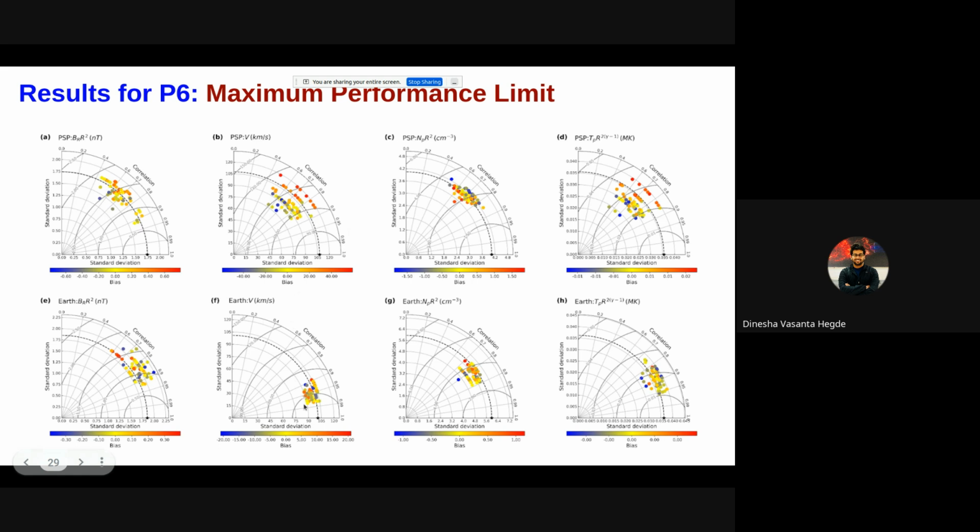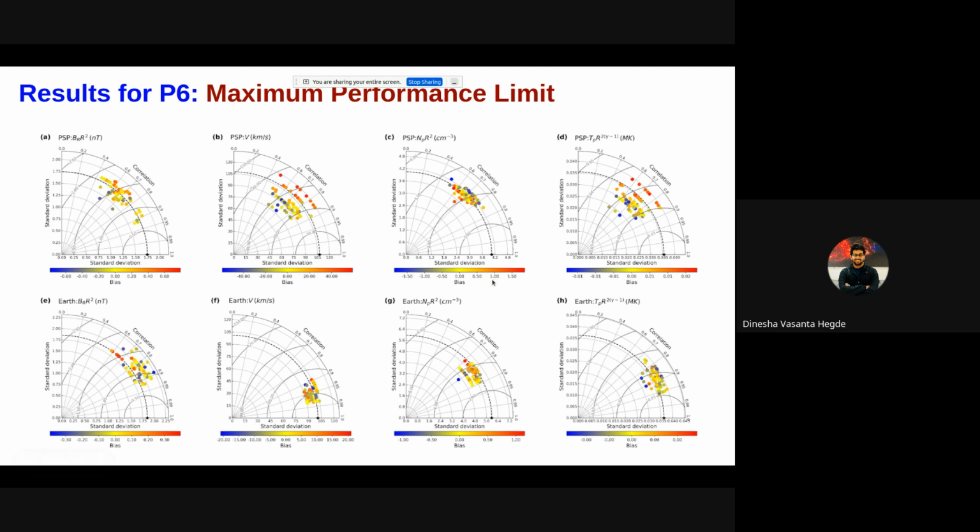For example, for Earth, for velocity, you can reach up to a 0.98 correlation coefficient, considering the uncertainty you have through your ensemble members. But for PSP, you can get a maximum of 0.9 for at least this time period.